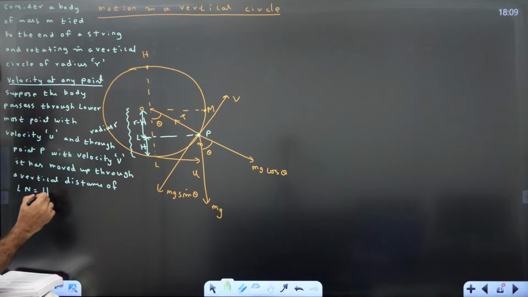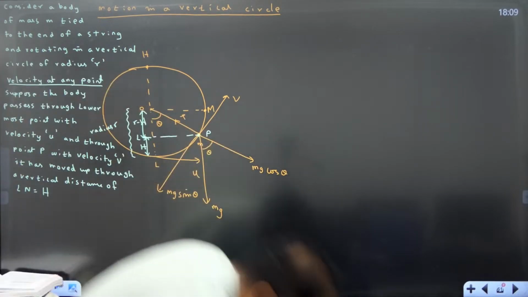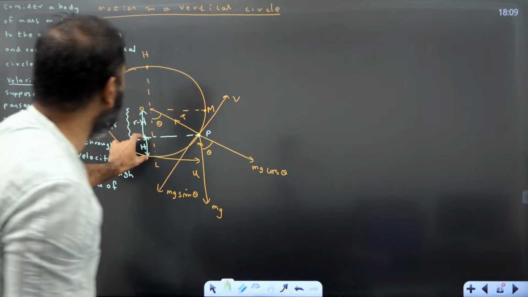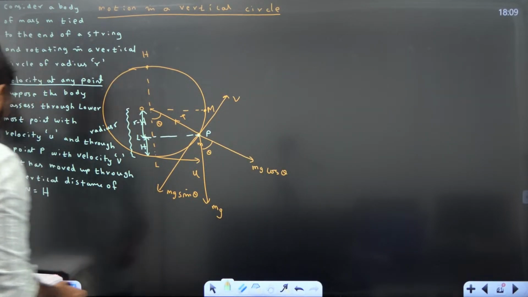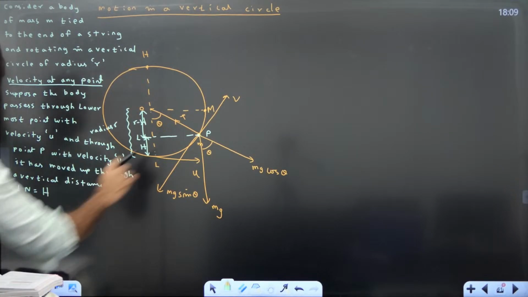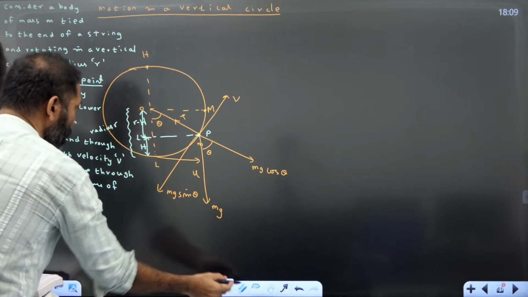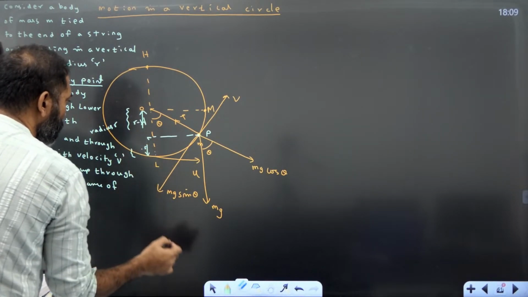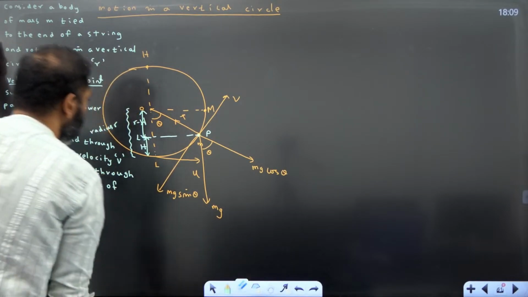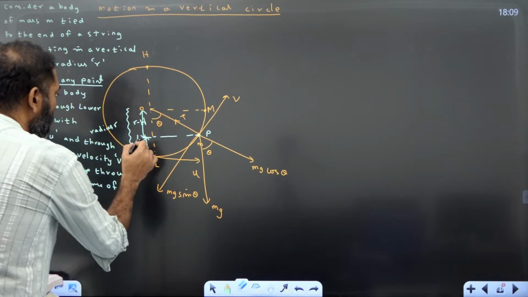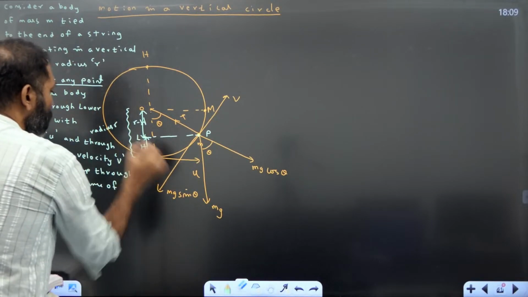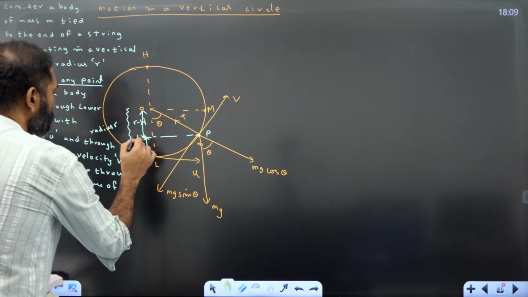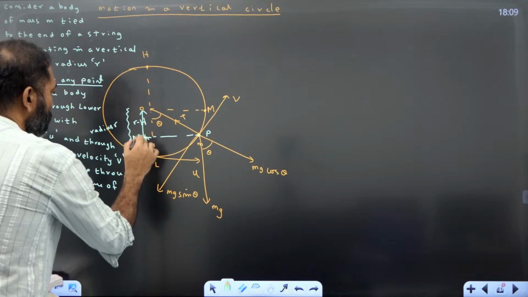Height H. So vertical distance of the body Ln is equal to height H. This point is n.